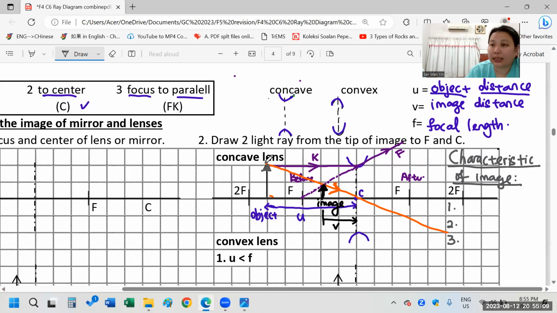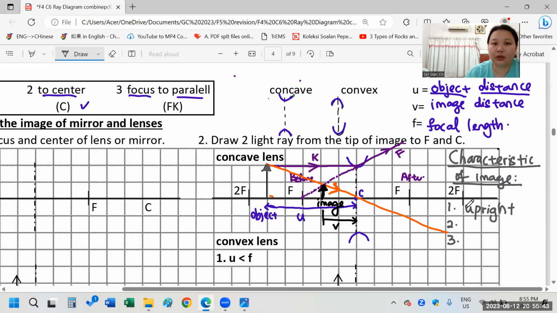See, the light comes from the tip. So when these two lights intersect, this point would be the tip. Now, if the direction is the same, it means they are upright. This image is upright.